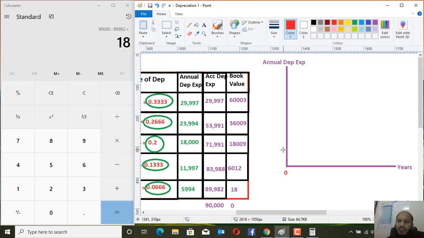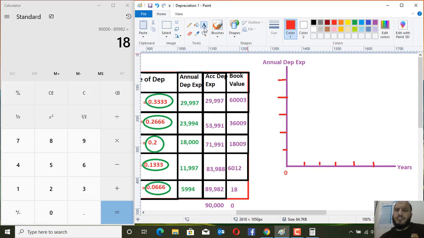Consider that this is line 1, this is line 2, line 3, line 4, and line 5. And here we also have year 1, year 2, year 3, year 4, and lastly year 5.